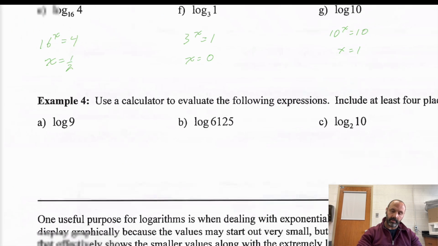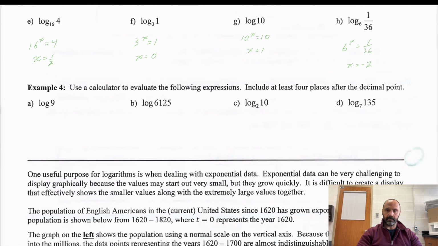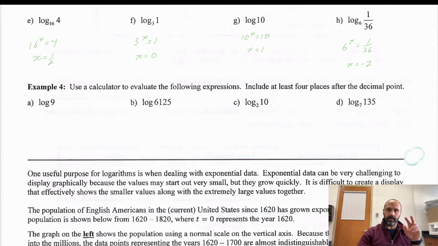Okay, and we can use a calculator. I'm going to show you how to use a calculator. For these, when you put it into a calculator, it's usually just by default log base 10. But when we get to C and D, I'm going to show you a trick for getting the logarithms of different bases, because it can be a little bit of a pain in different calculators.